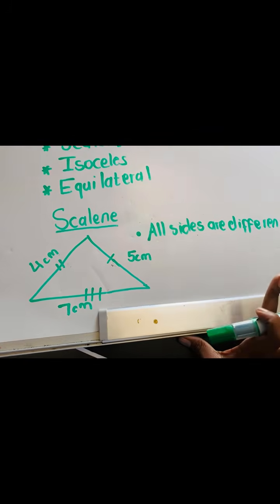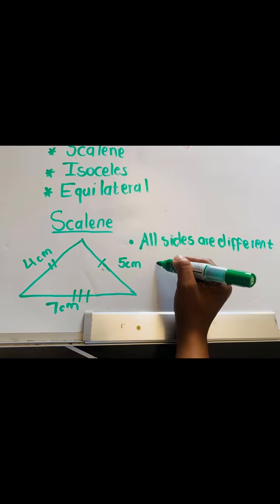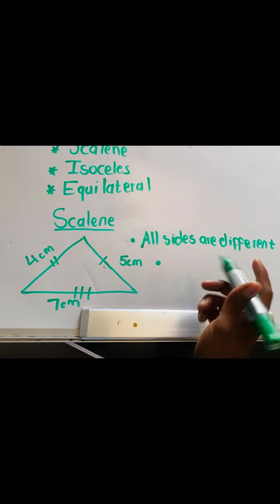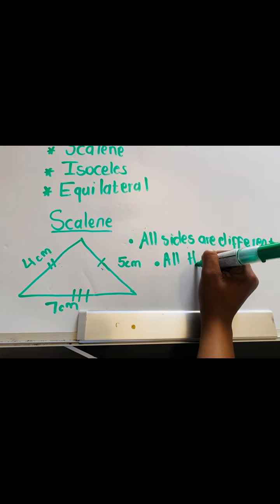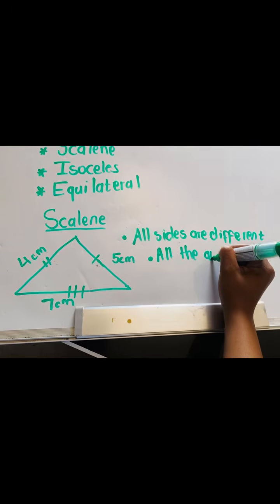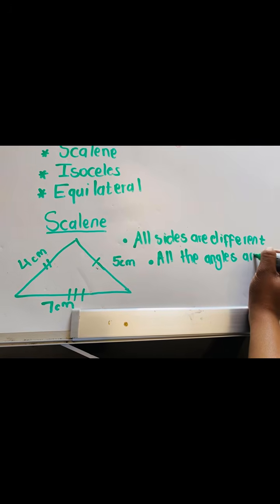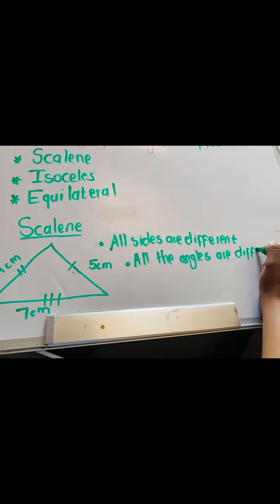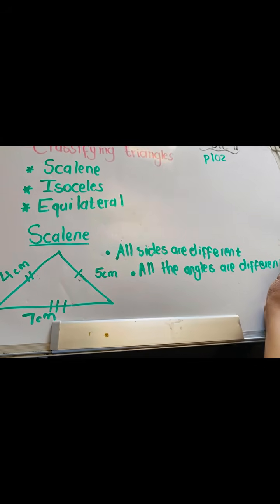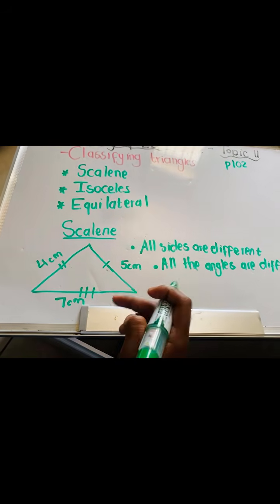Right, so since the scalene has different sides, we can also conclude that even the angles are different in size. So also all the angles are different. All angles are different. So they are the same as the side. So for a scalene triangle, we have the triangle with different sides and different angles.